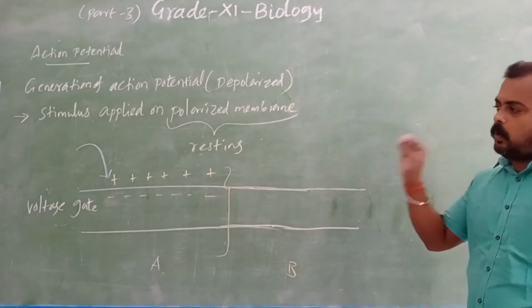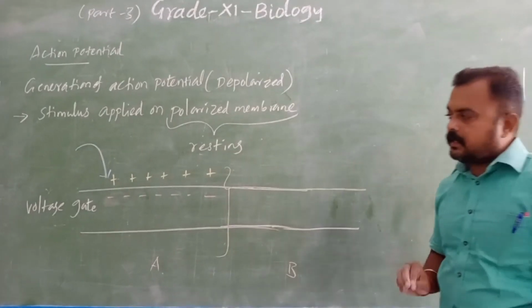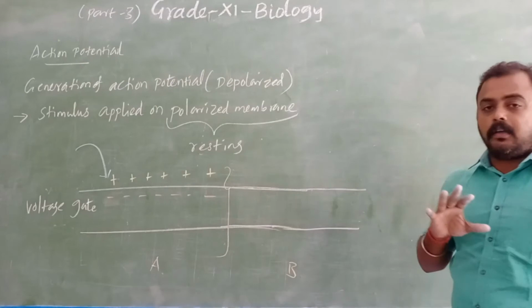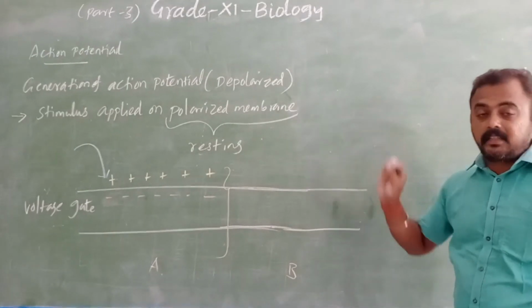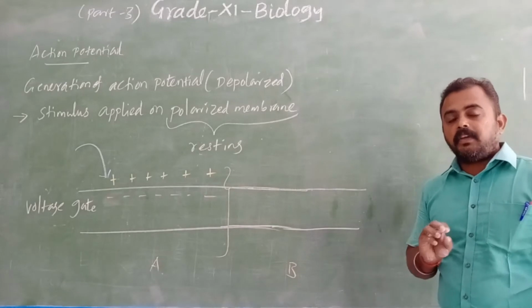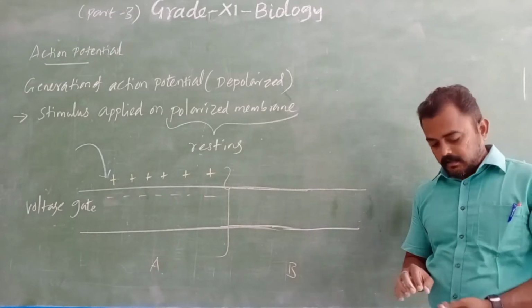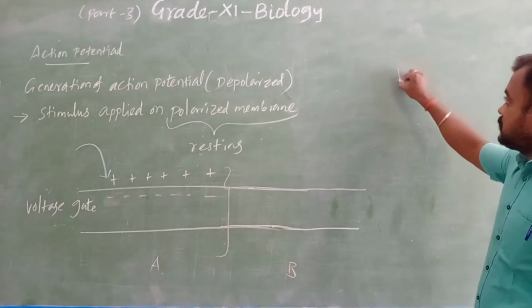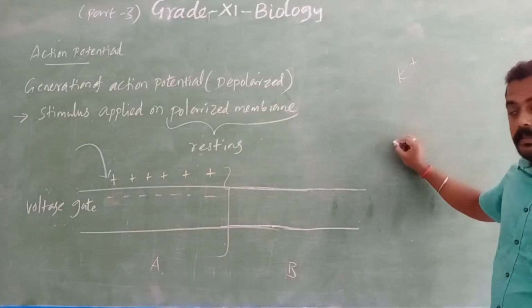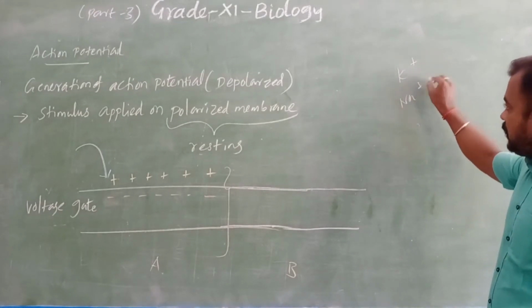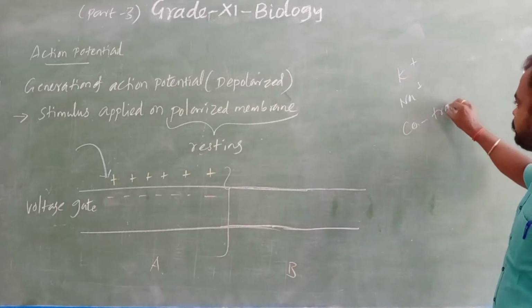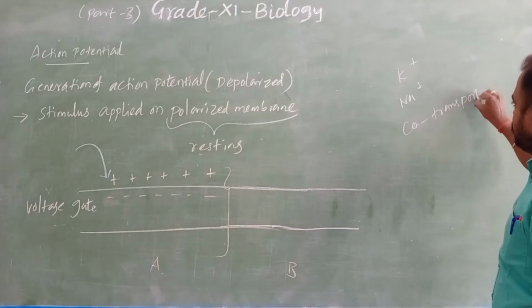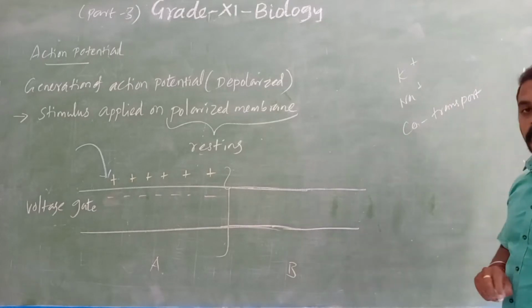So what are the voltage gated ion channels? When I talked about the resting stage, we saw many ion channels: potassium ion channels, sodium ion channels, and co-transport ion channels.